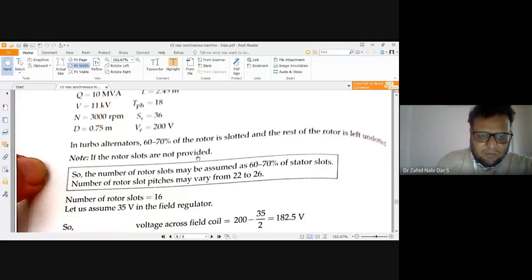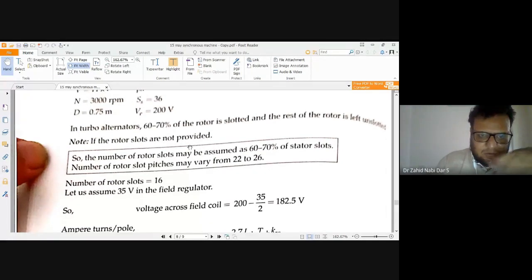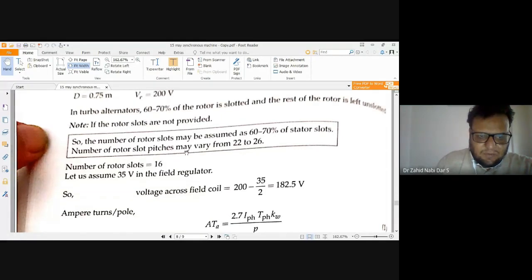Now in a turbo alternator, basically 60 to 70% of the rotor is slotted and the rest of the rotor is left unslotted. So if the rotor slots are not provided, what do we have to do? Basically, the number of rotor slots we assume around 60 to 70% of the stator slots. So the number of rotor slot pitches may vary from 20 to 26.